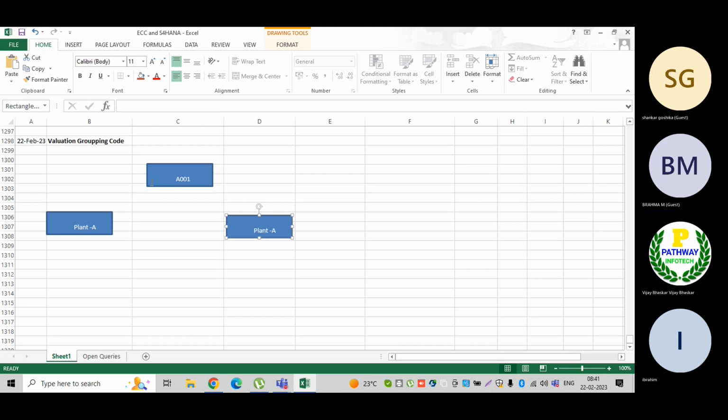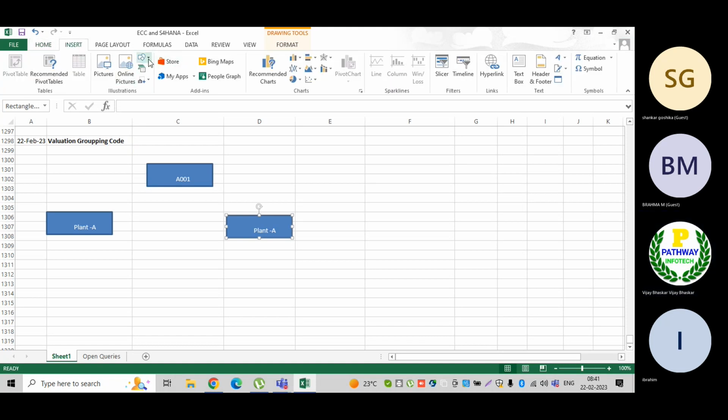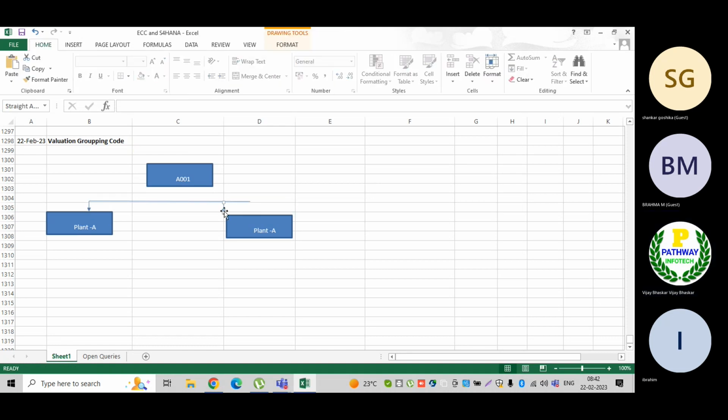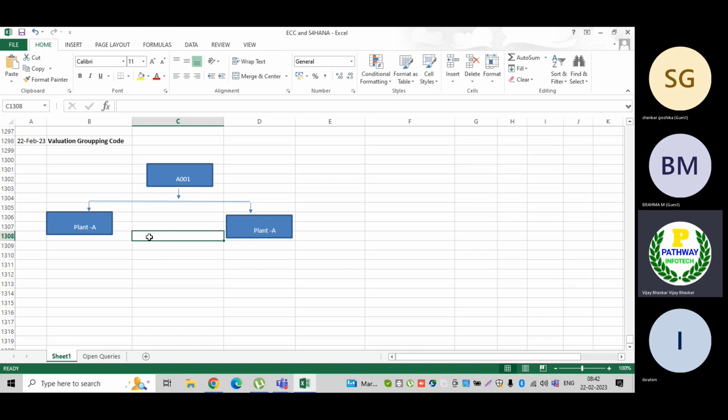How will the valuation grouping code be used here? This is a very important topic, and from an interview perspective they must ask you. This is the logic you must be aware of. I have two manufacturing plants under my company code.